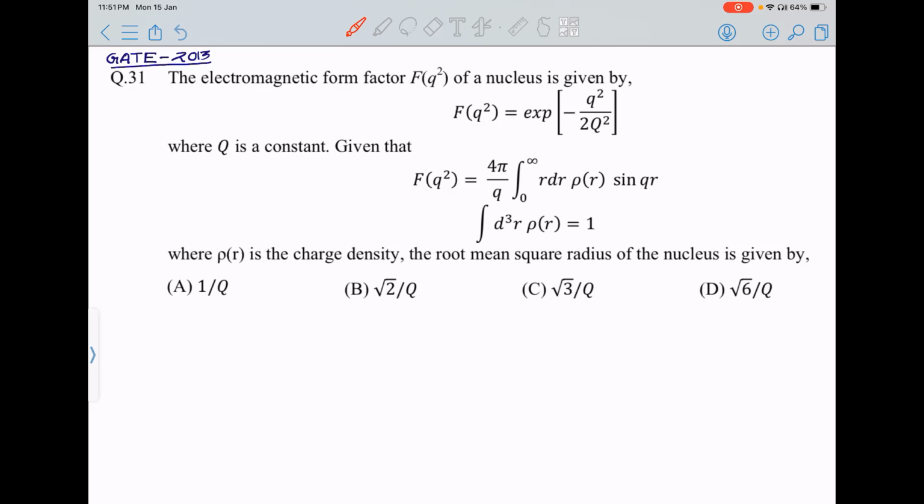The root mean square radius of the nucleus is given by, so we need to find the root mean square radius of the nucleus. So let us solve.